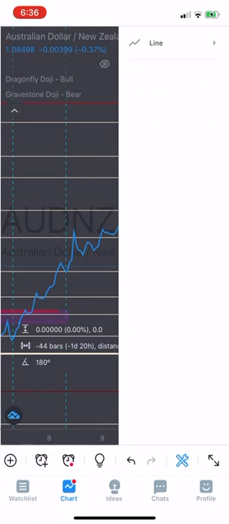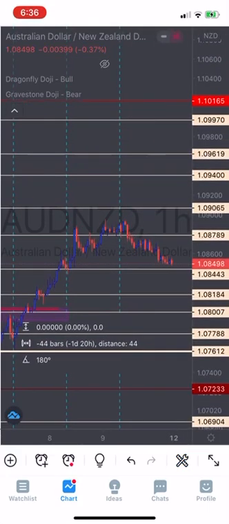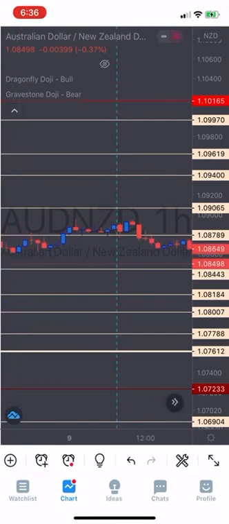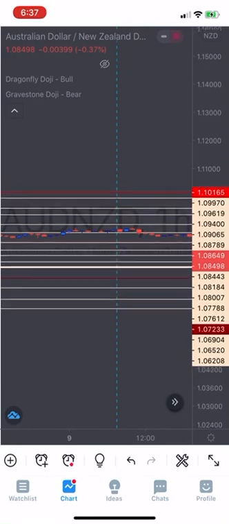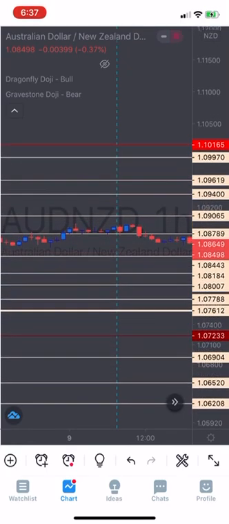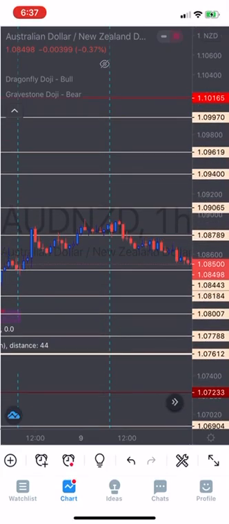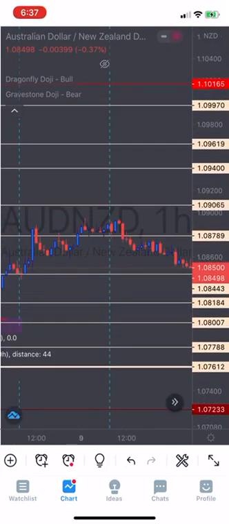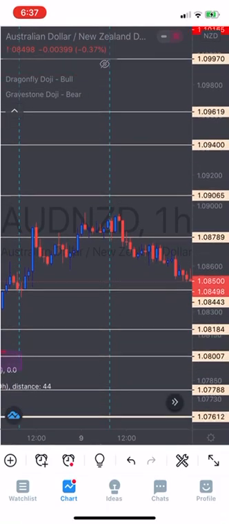So I mark it on a line chart, but I actually read candlesticks. Hang on, I'm trying to zoom into it. Sorry about this. The candlesticks all mean something as well. There we go.